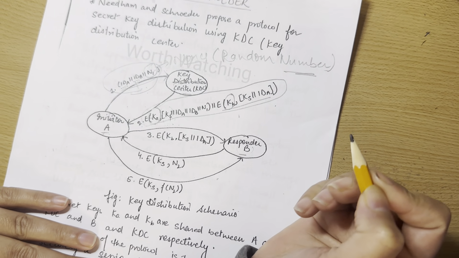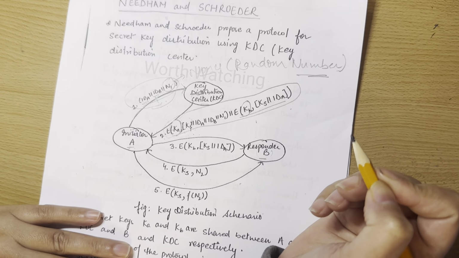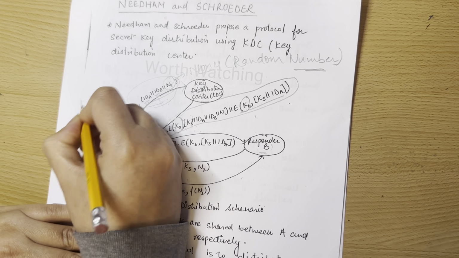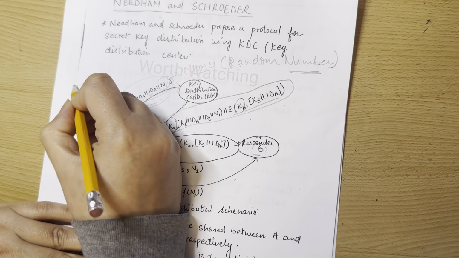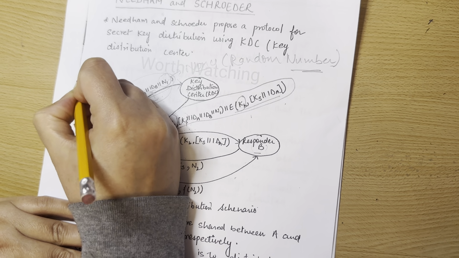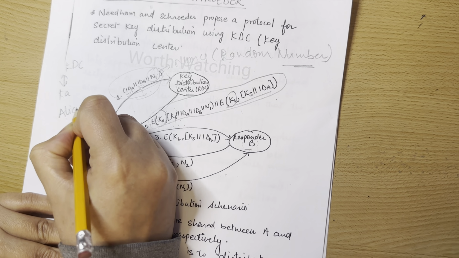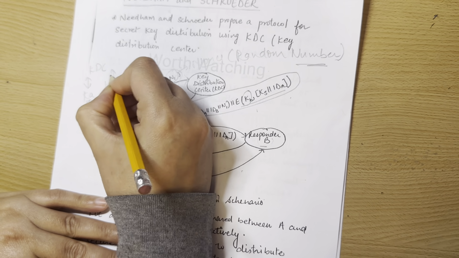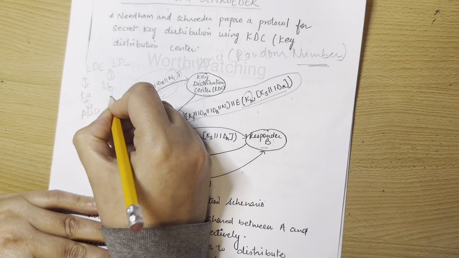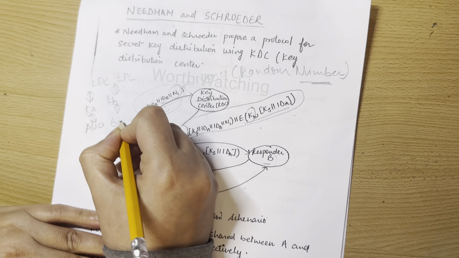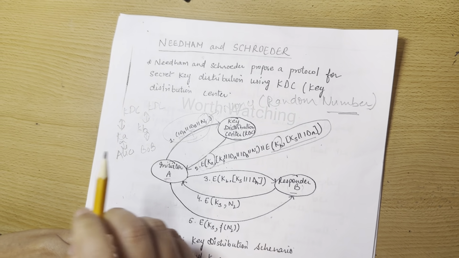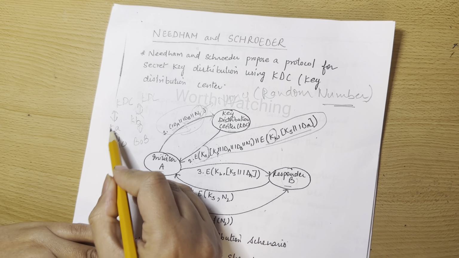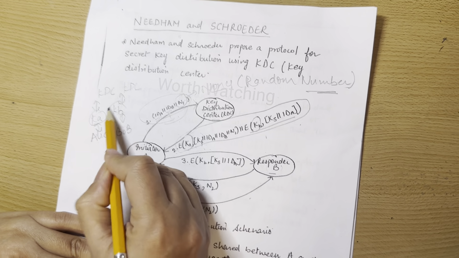KB is a secret key between KDC and Bob. So in this case, Bob doesn't know KA and Alice doesn't know KB.